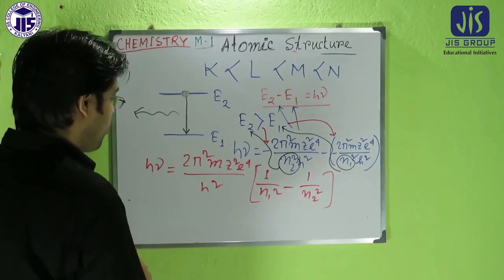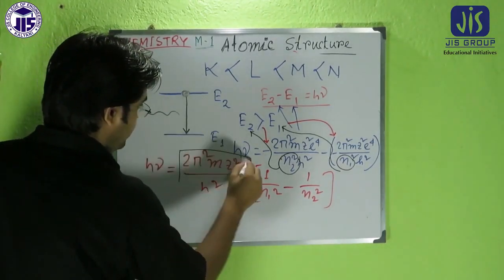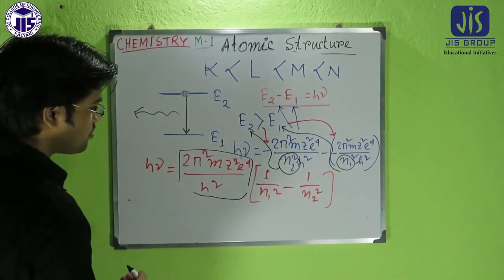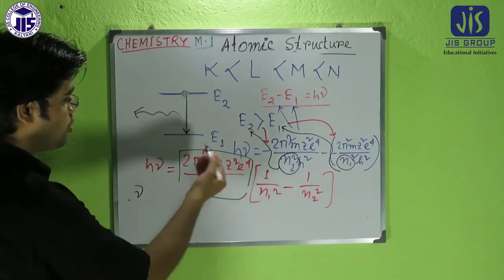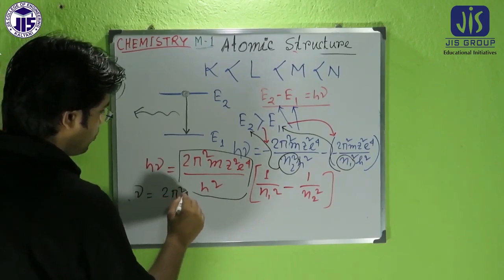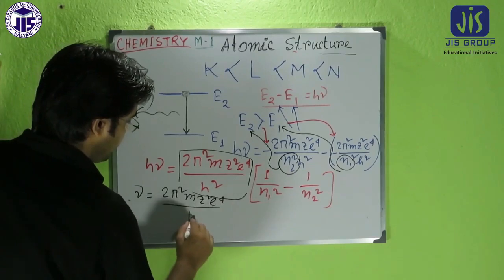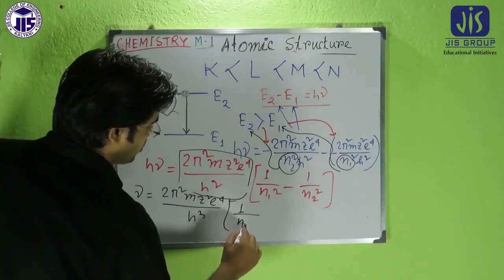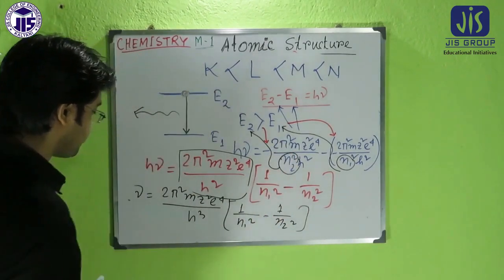So what is the common factor here? That common factor is a constant. Then we can write that nu is equal to, since it is actually h nu, 2 pi square m z square e to the power 4 by h cube, times 1 by n1 square minus 1 by n2 square.